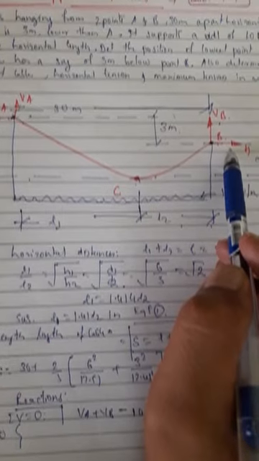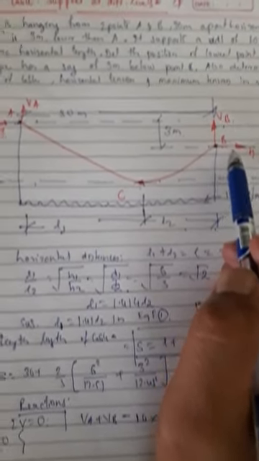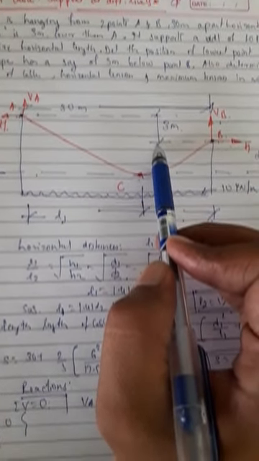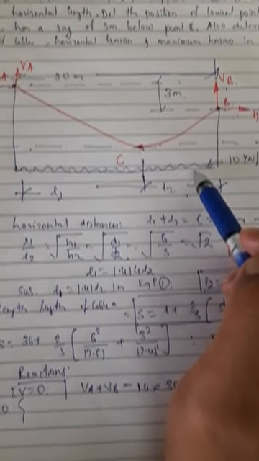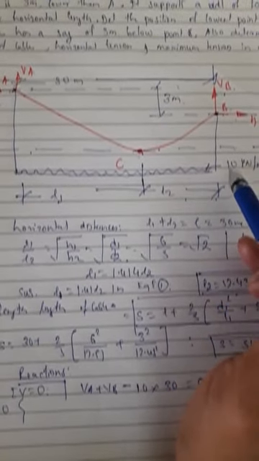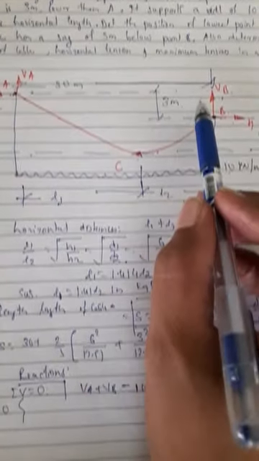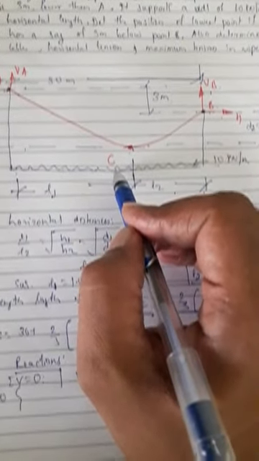H produces anti-clockwise moments, so again that will be negative, minus H into perpendicular distance 3, minus H into 3. Next, load is UDL. It produces clockwise moments. So load into span, load is 10, span is 30, CG distance half of it, 30 by 2, is equal to 0.